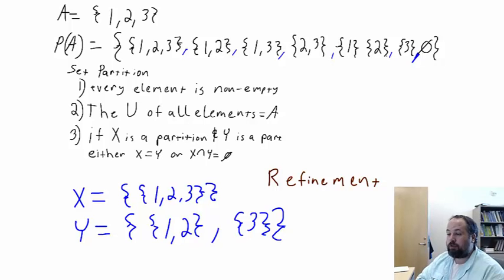And in fact, if you look, you see Y is a refinement of set X. So if we take that 3 element and break it off into its own set, that is a refinement of set X. The only reason that's important is you can look at 2 set partitions and decide which one is more refined than the other based upon the number of elements in the set.